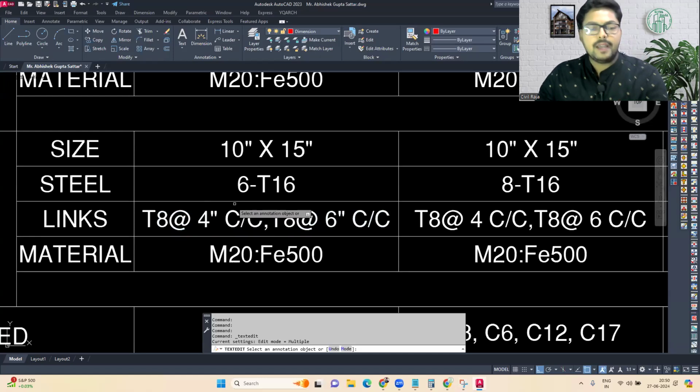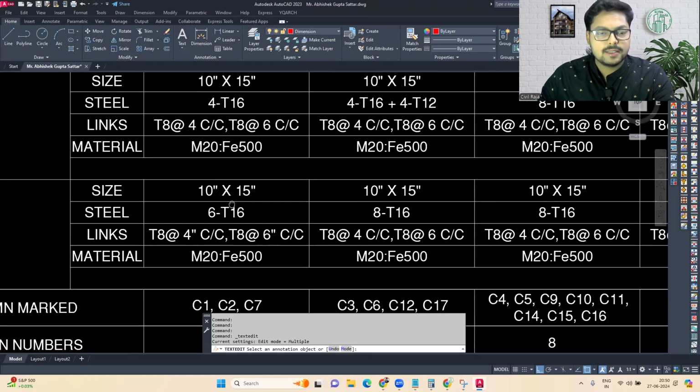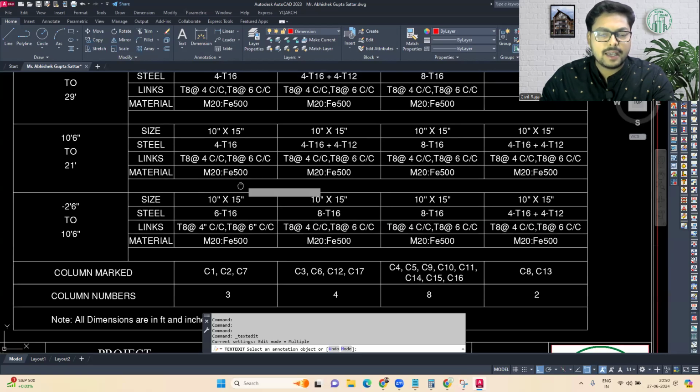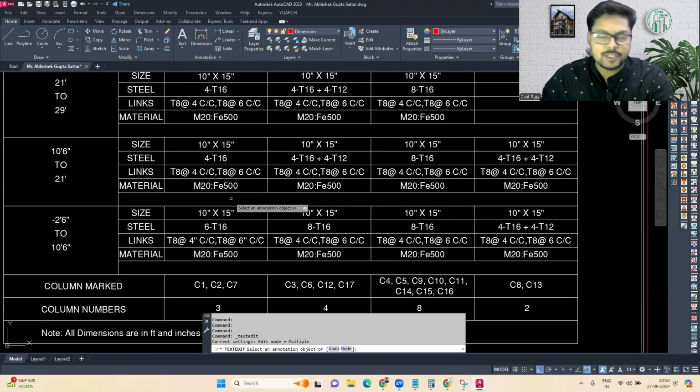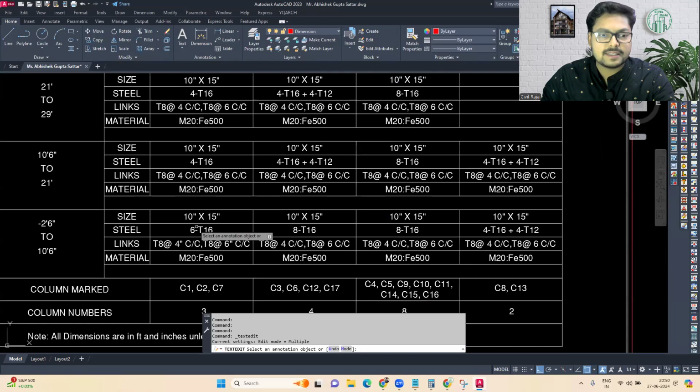Okay, now this is something that I have designed for a G+3 building in zone 4 in Patna. This is the structure drawing, and you can see the sizes are mentioned over here. The same property is divided at different floors.